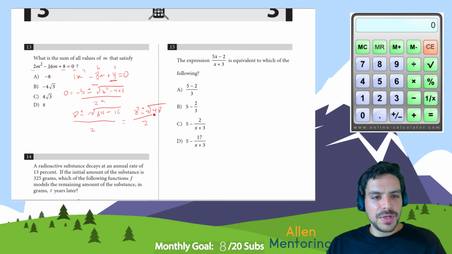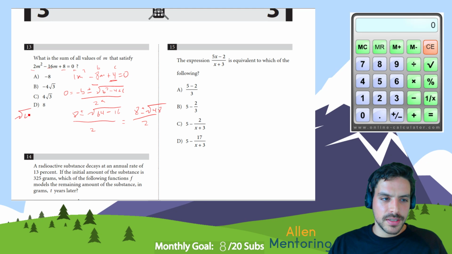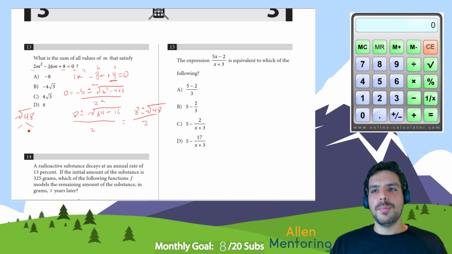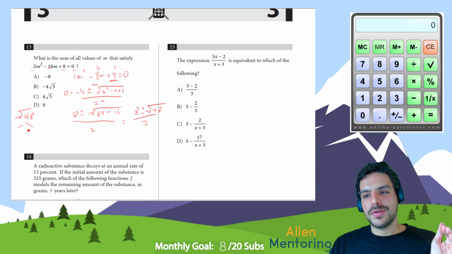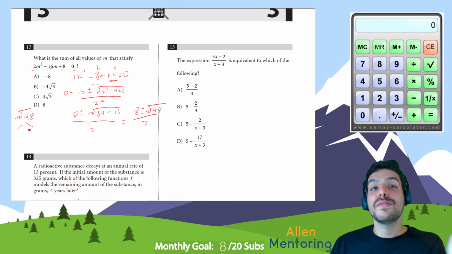Okay, so how do we solve this right here? Right, we have to simplify the square root of 48. So I don't know if you guys have been taught how to simplify square roots, but your job is to find out, are there any perfect squares that go into this square root?